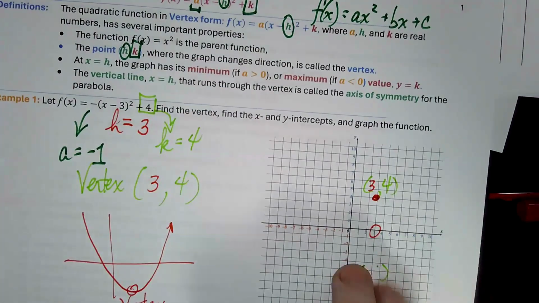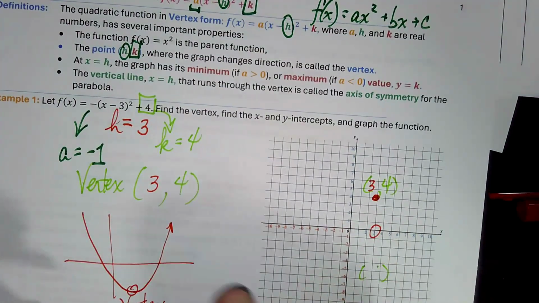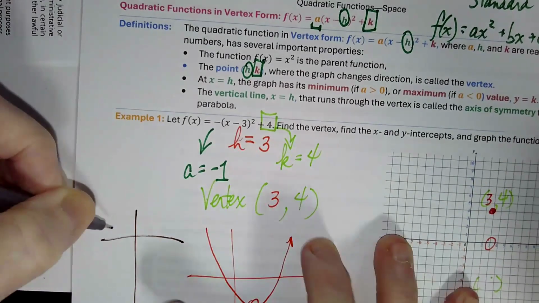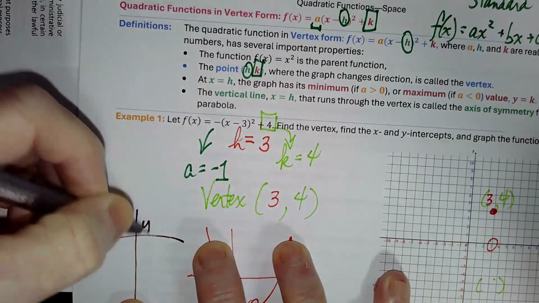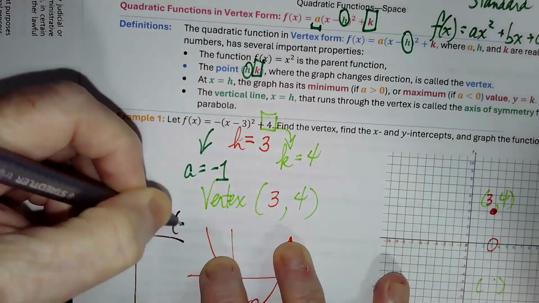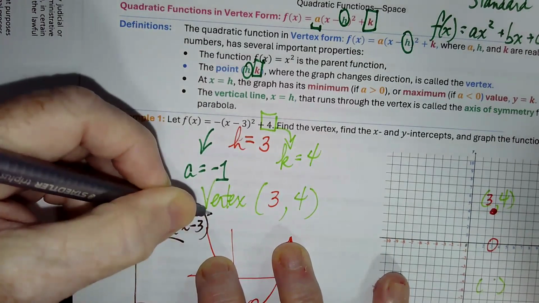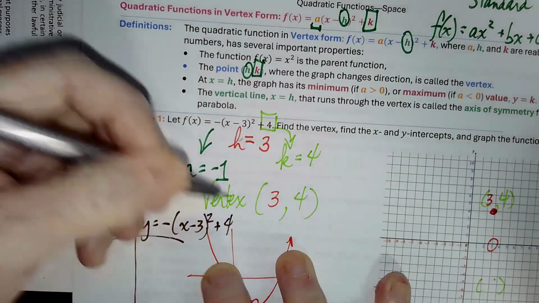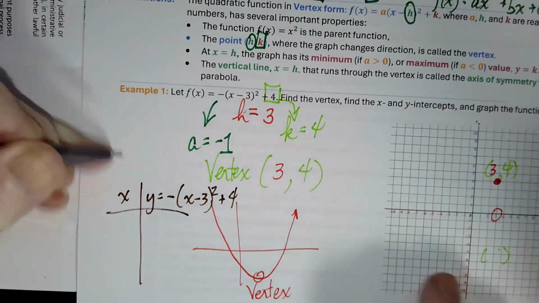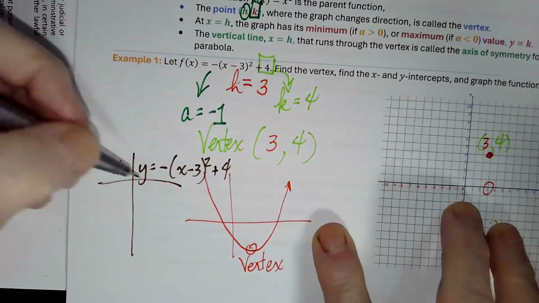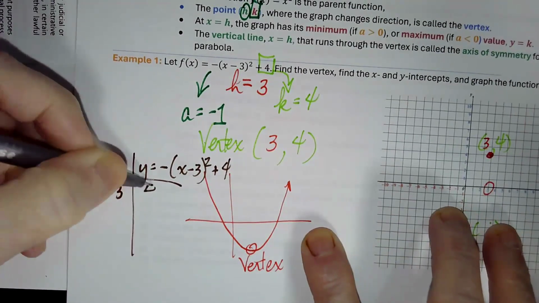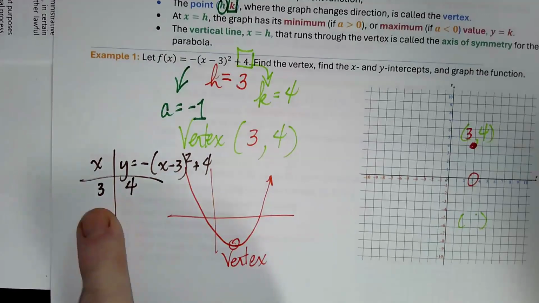Let's plug in some numbers. So we have negative (x minus 3) squared plus 4. And we already have (3, 4). But let's see if it really works.